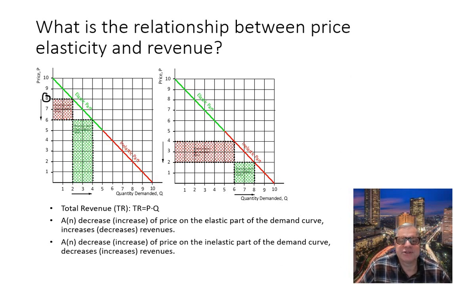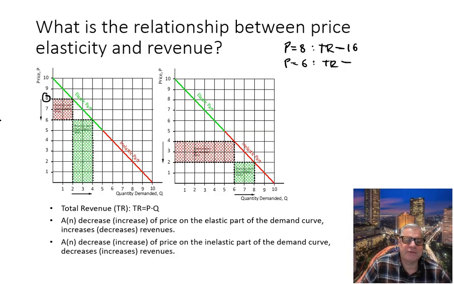Okay, what happens at the price of 8? When price equals 8, total revenue is 8 times 2, 16. Now we lower the price to 6. When the price is 6, what is total revenue?